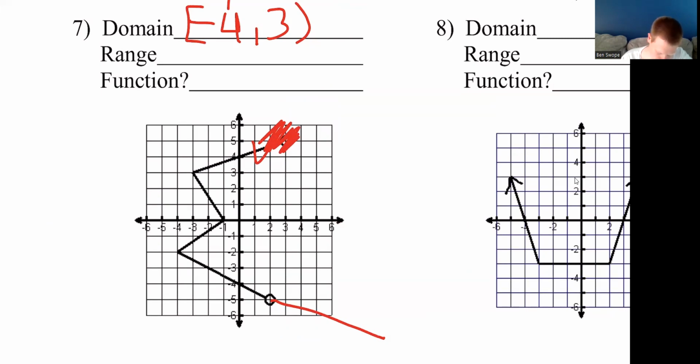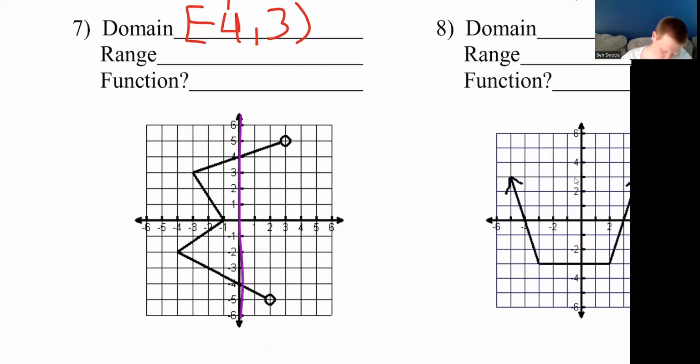You would go from -4 to this 2 value that's not included, and then you would pick up at 2 and keep going. If it kept going forever, let's assume it'd be like that. I'm sure some people would think that would cause problems, but because you actually have a solid point at that x value, it's okay.